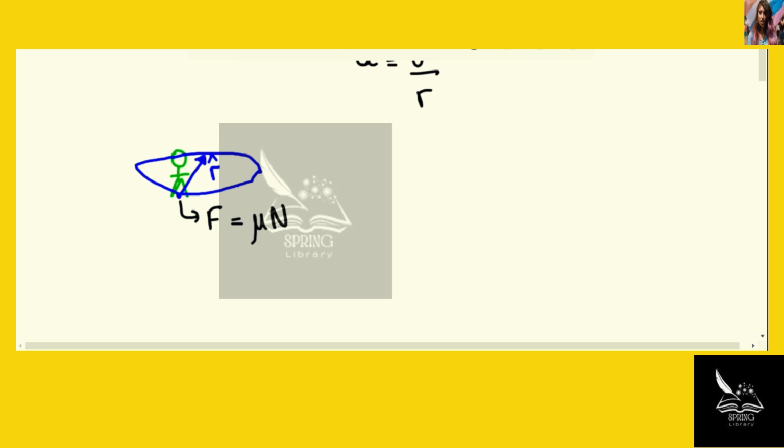And actually, I said that this is the only force that acts on the girl. Actually, this is the only force that acts on the plane of the wheel, but there are also the normal force, the gravitational force, and then the normal force that cancel out such that the normal force is equal to mg.